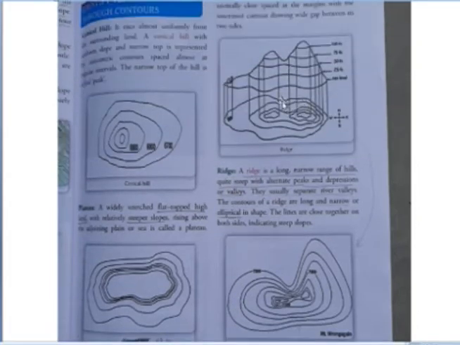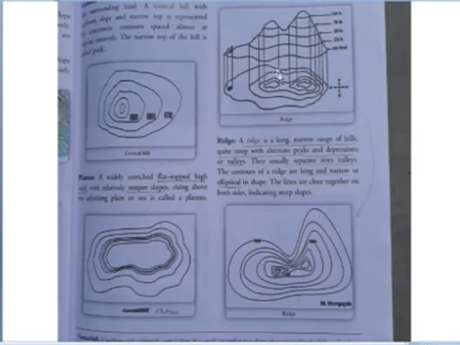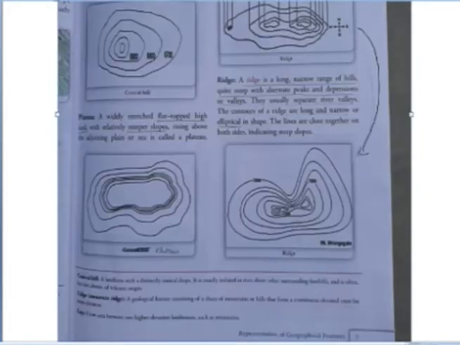Now here the lines are showing ridges, and between these two tips there is a valley. The contour line diagram of this figure is here. The contour lines are showing over here, so it is almost elliptical in shape.